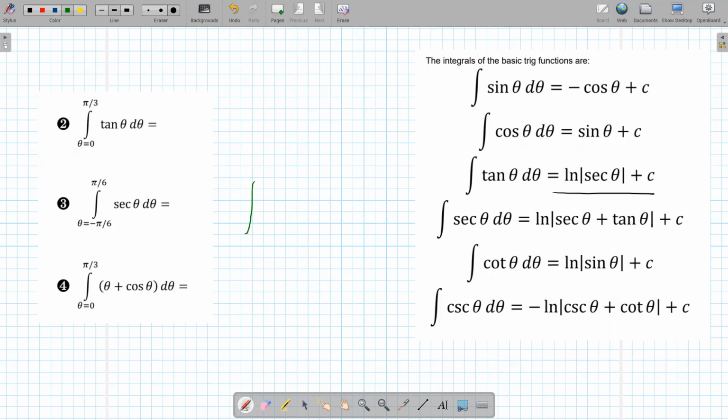What about this one? Forget about this question. What if I asked you, what's the integral of theta d theta? In other words, you can also look at it as the integral of x with respect to x.